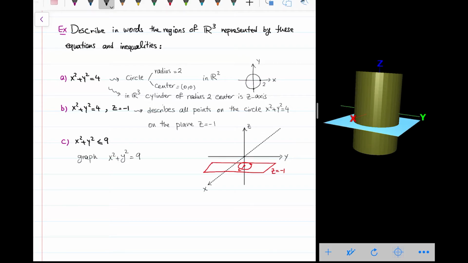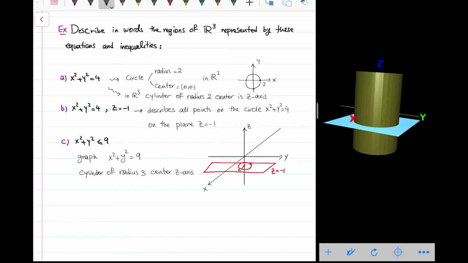The equality is this cylinder. In R2, it would be a circle of radius 3, but in R3, it would be a cylinder of radius 3 with the center at the z-axis because z is free.